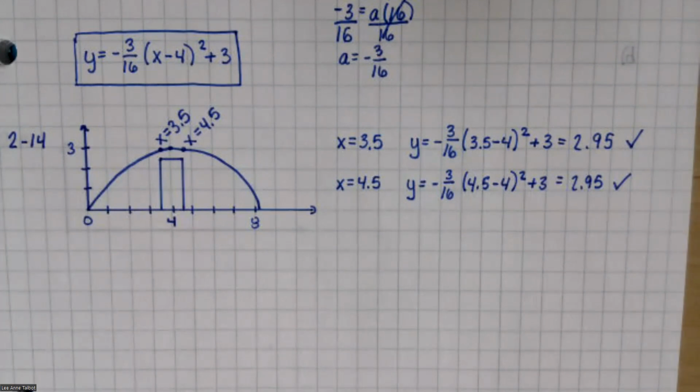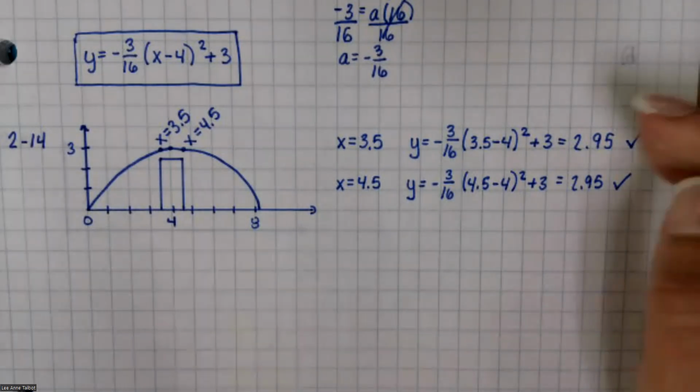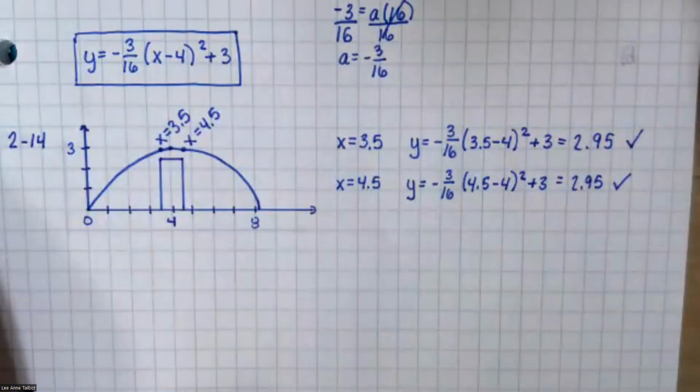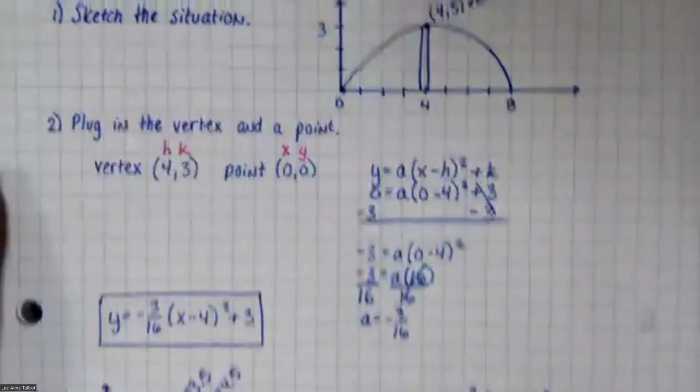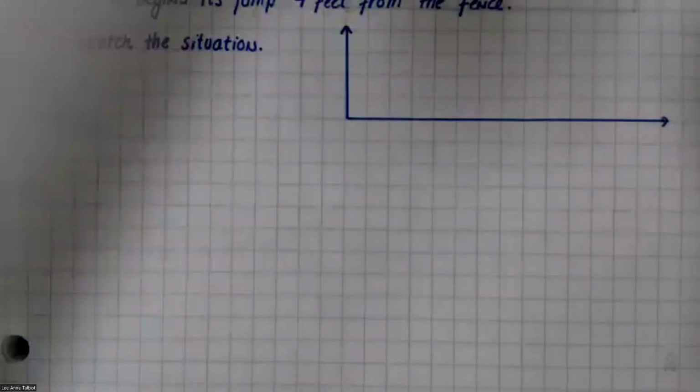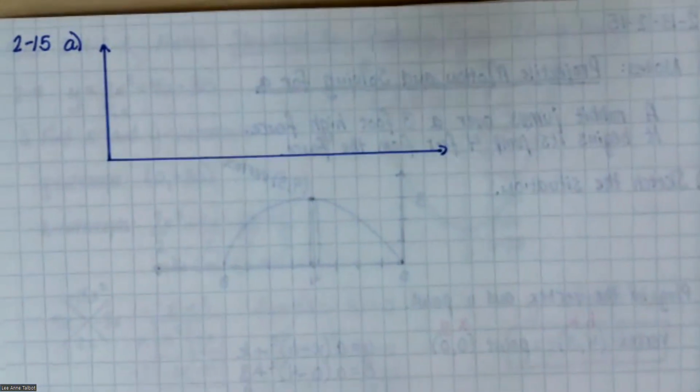Okay, now number 15A is where you guys are going to have a chance in your groups to do this. So you're not going to do this. There's not any of this. You're going to sketch, plug in the vertex and a point, get the equation. I am going to put this up first so you can draw it.